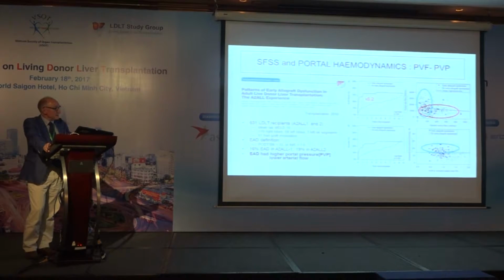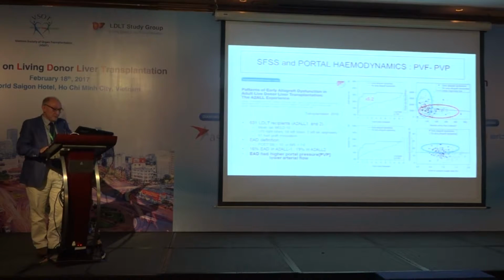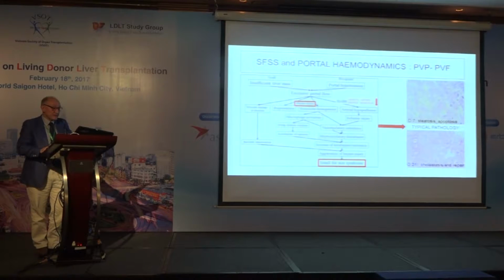As you see on the right upper bottom, the higher is your flow in the portal vein, the less good is your flow in the hepatic artery. And also you see that the proportion of patients which had early allograft dysfunction was much higher in patients which had a high portal pressure.